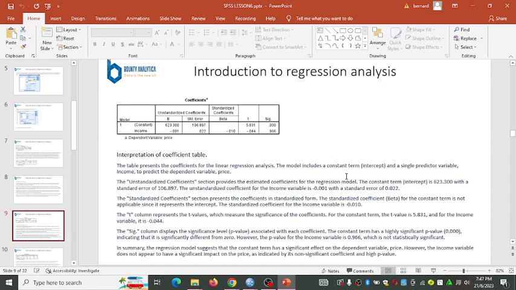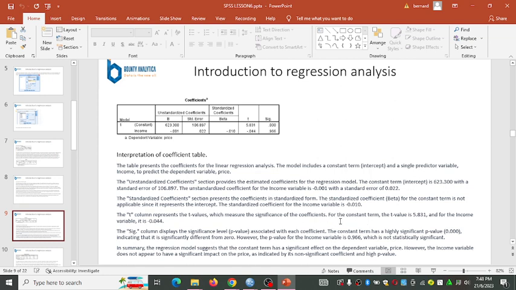The unstandardized coefficient for the income variable is negative 0.001 with a standard error of this one here. So the standard error of the estimates, these are the errors that we are talking about. As we talk of the t, this t column represents the t values, which measure the significance of the coefficient.